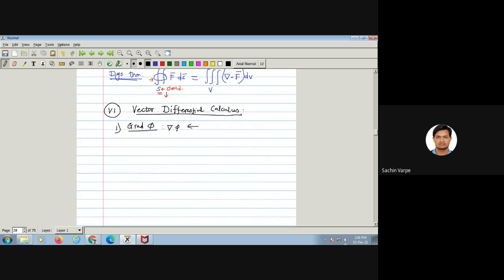Which represents the normal to the surface phi. Okay? And an important application of this grad phi we have discussed is the directional derivative. The directional derivative of phi at a point towards the given direction will be del phi dot u cap. We have solved many examples on this, and this is again a very important point. Definitely there will be a question on this directional derivative.